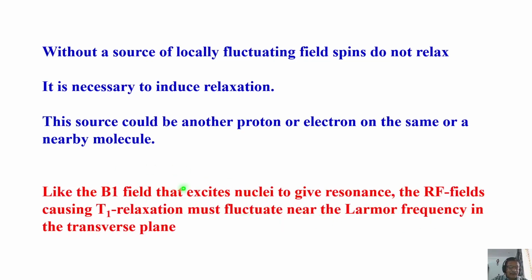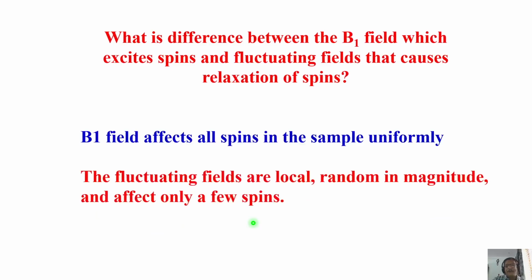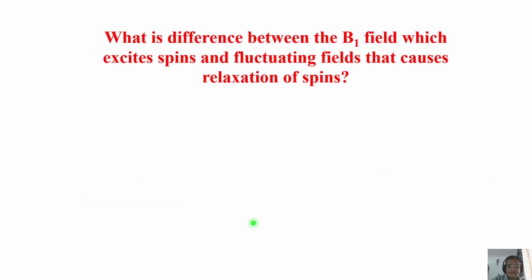Remember, I said when we apply a radio frequency field, it must be an oscillating field. Static will not work. I very well remember. So similarly, this also should be oscillating. The fluctuating field must be at the Larmor frequency, in the transverse plane. Now, the question is, what is the difference between this B1 field, which excites spins, and the fluctuating field that causes spin relaxation?